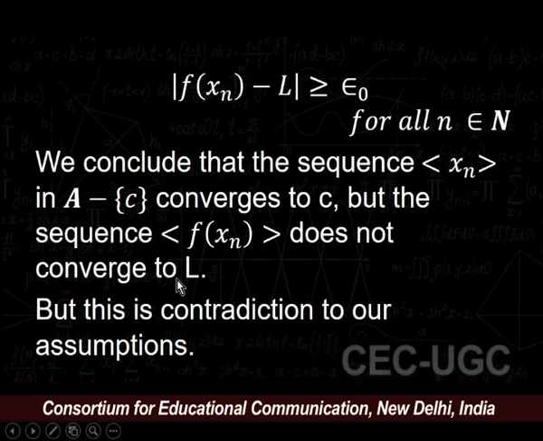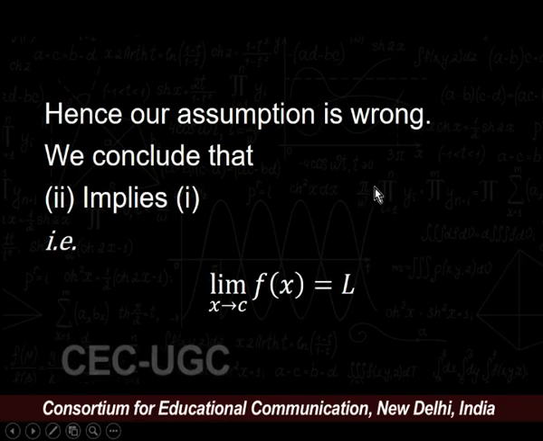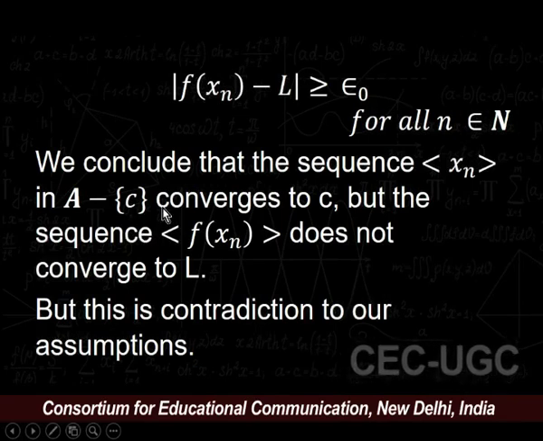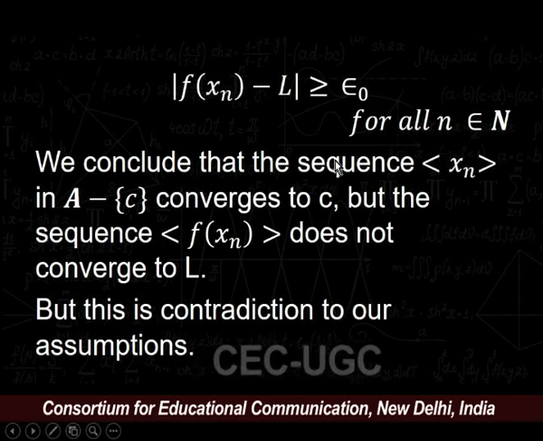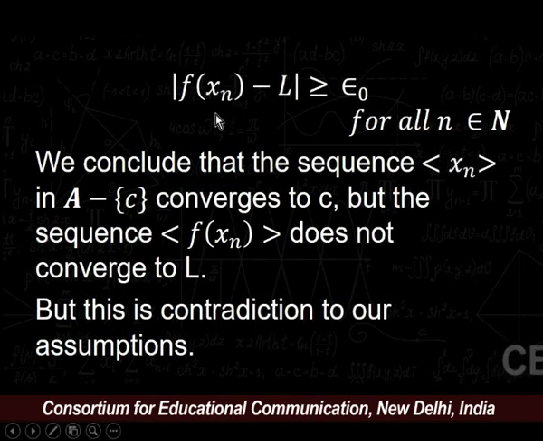But this is a contradiction to our assumption, because our assumption is if xn is a sequence in A minus singleton C which converges to C, then f of xn must converge to L. But in this case, we get the reverse inequality, that is modulus of f of xn minus L is greater than or equal to epsilon naught.